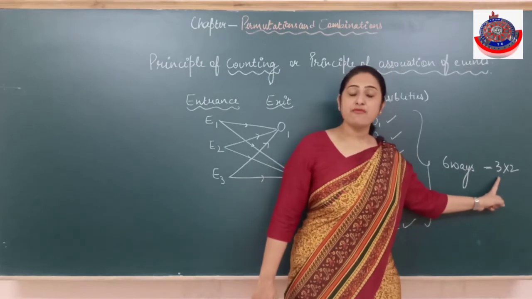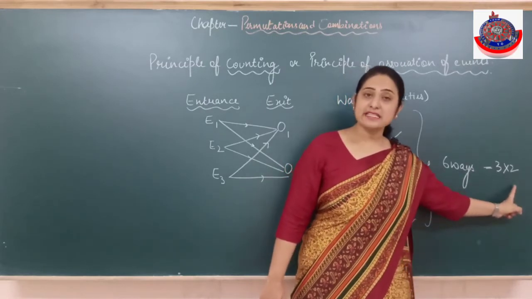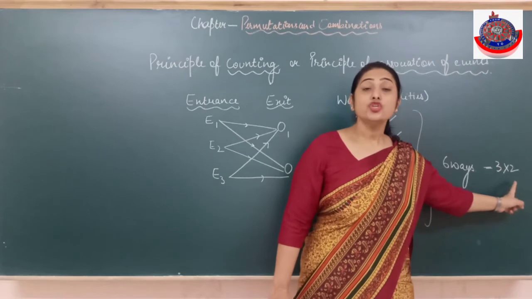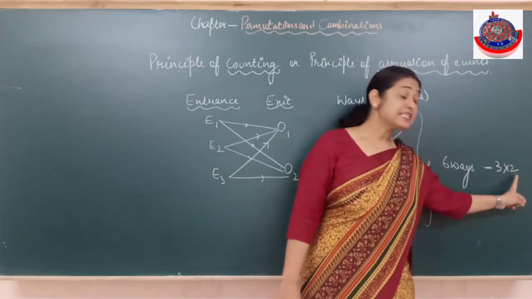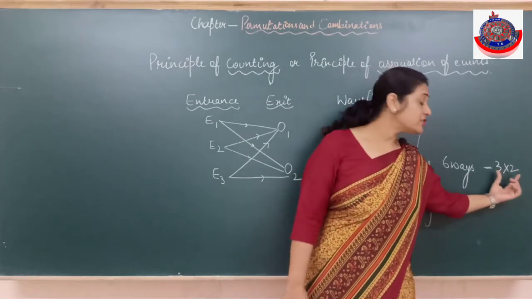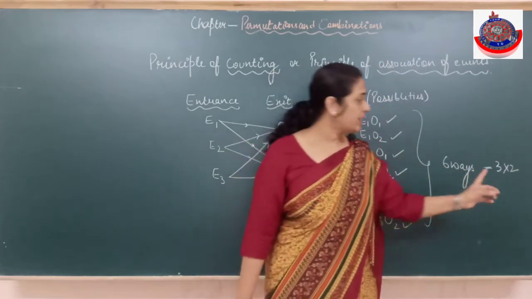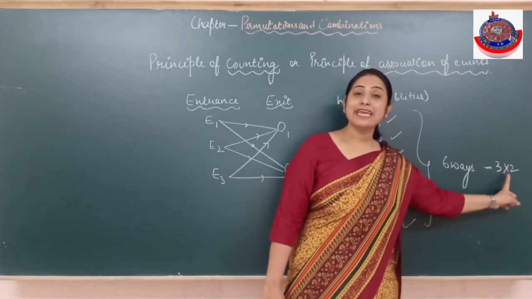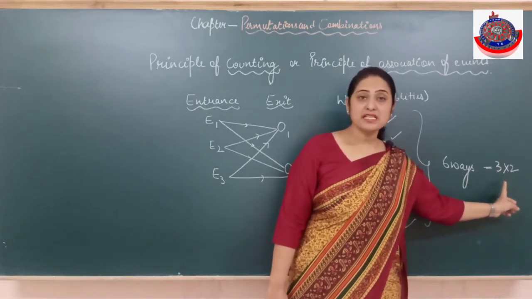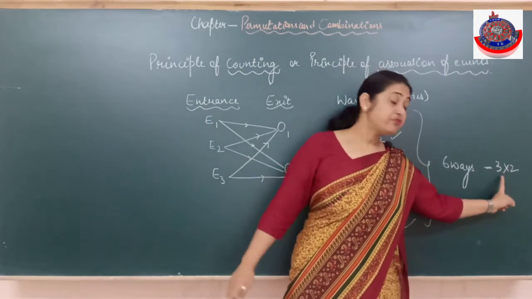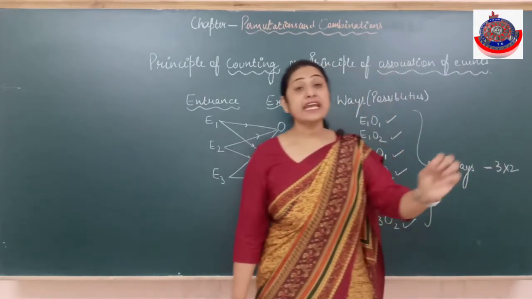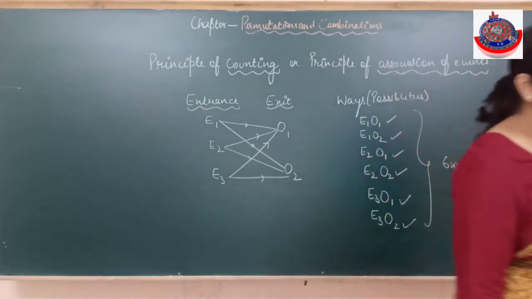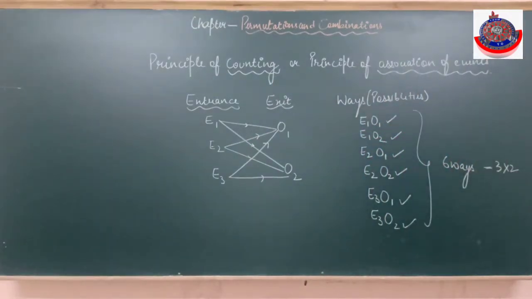First event can be performed in 3 ways, followed by the second event, which can be done in 2 different ways. So that means the total number of ways in which I can do it is the first into the second: the number of different ways in which the first task can be performed, into the number of ways in which the second task can be performed. Is it clear? So let's write the definition from this example.